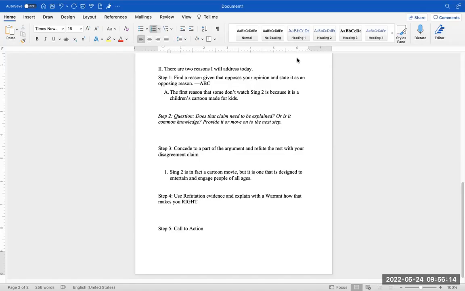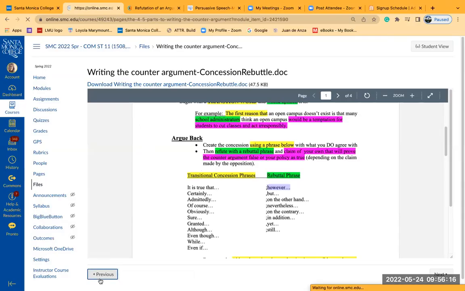I'm going to come back into our class page, and I'm going to go back to this previous page here.